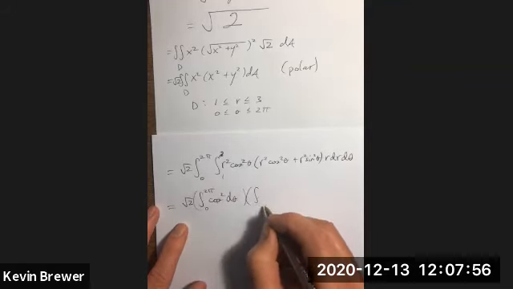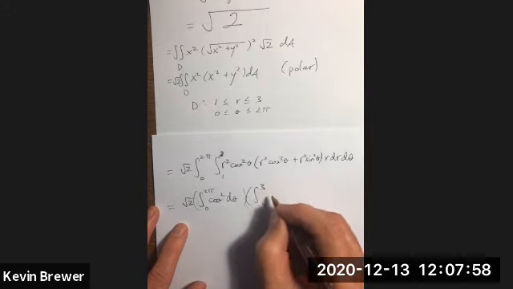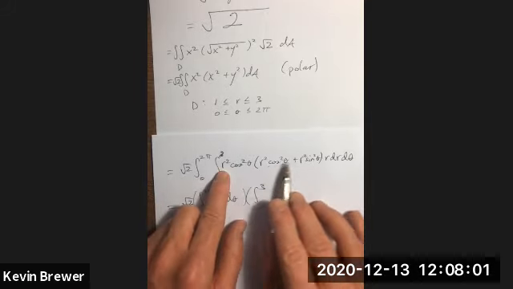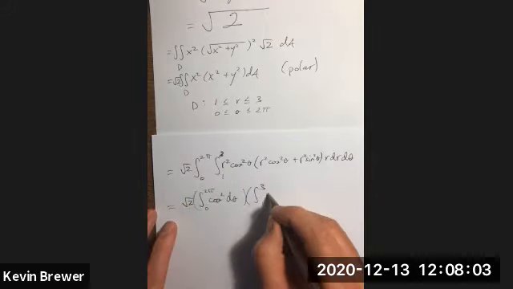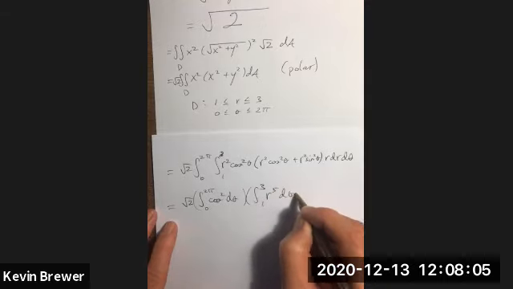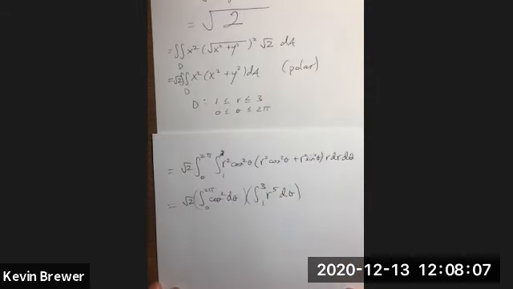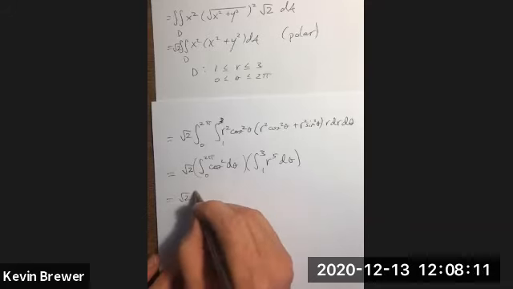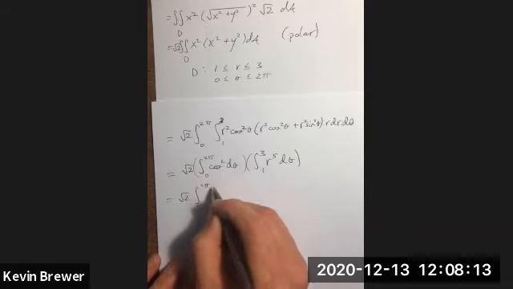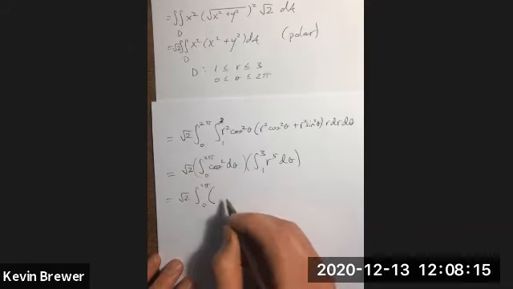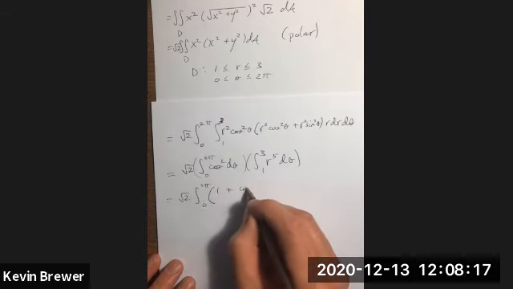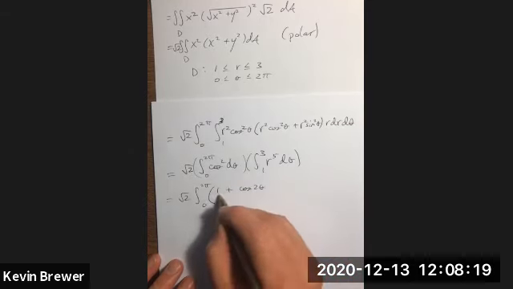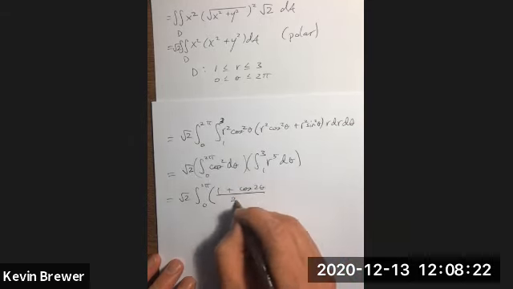times the integral from 1 to 3. You get r to the 4th times another r, so r to the 5th dr. Square root of 2, integral 0 to 2 pi. Cosine squared, we use the half angle identities.